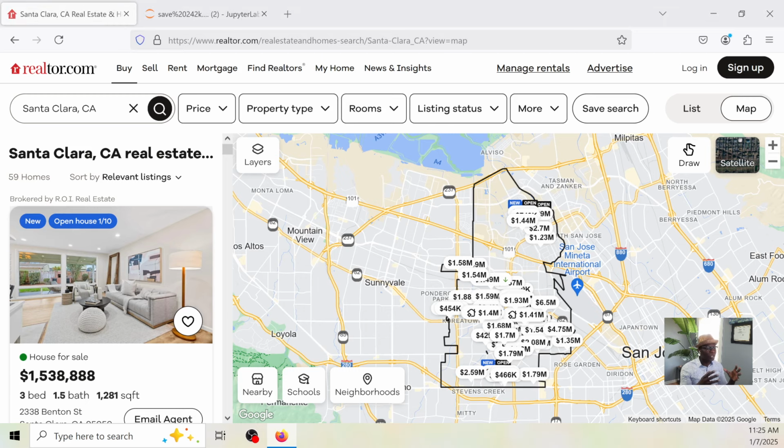Today I'm going to show you how to predict future home prices in Santa Clara, California using historical prices in Santa Clara, California.